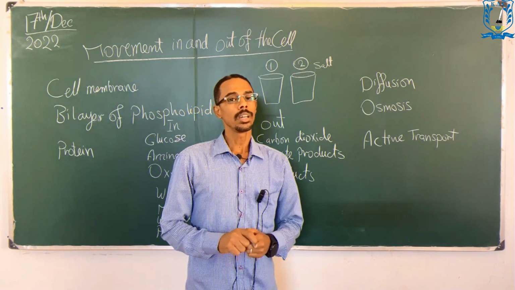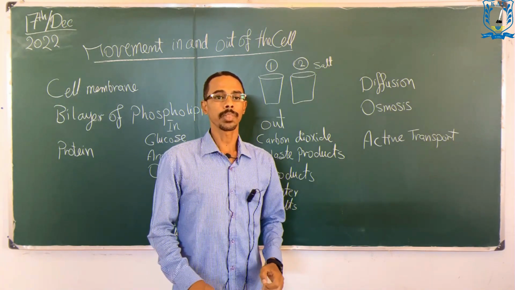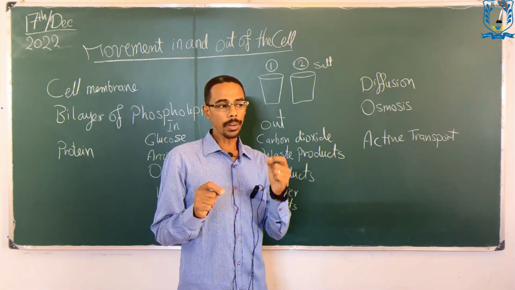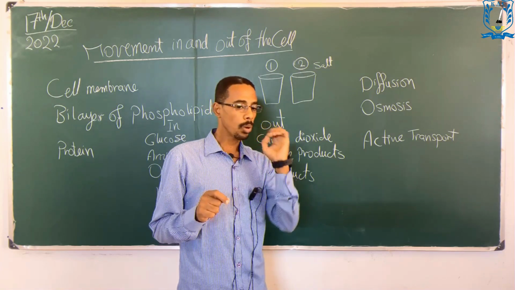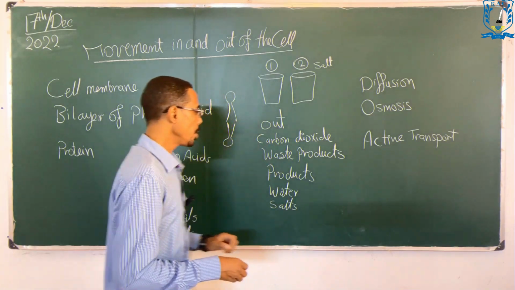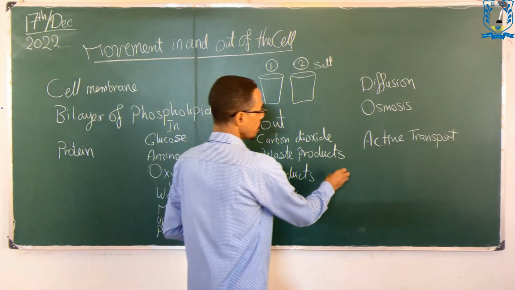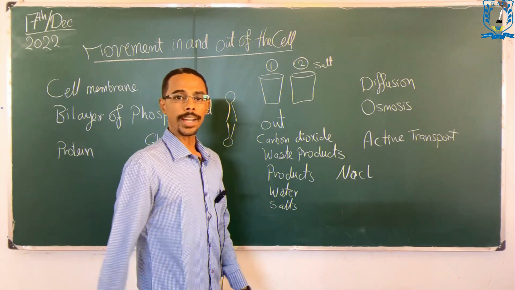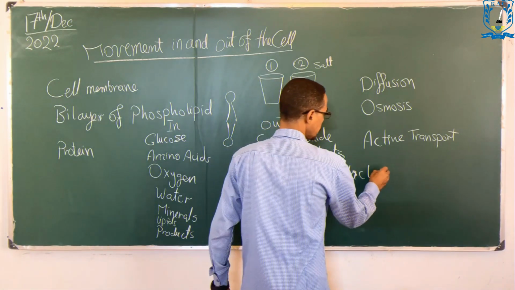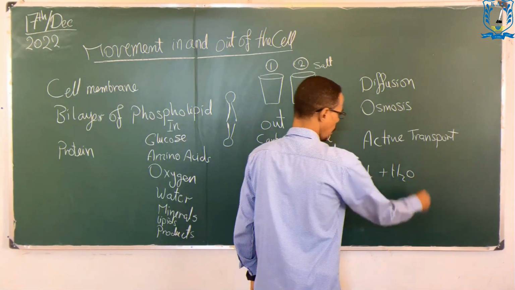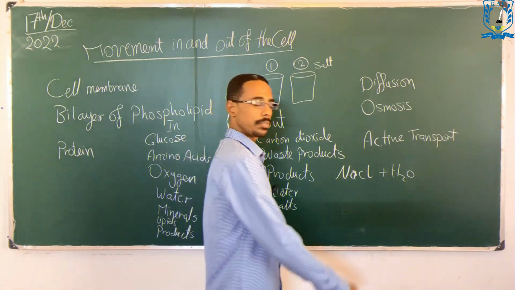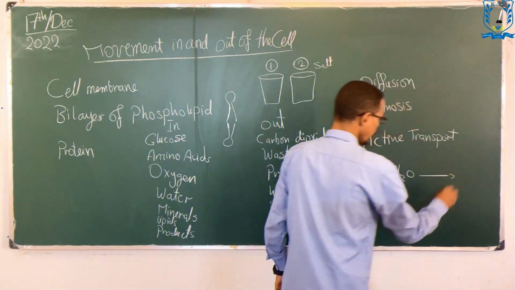Before you answer this, go back to the chemical equation or the chemical reaction that will happen between the water and the salt. You know that chemically salt is NaCl, sodium chloride, and water is H2O. So this chemical reaction results in the following.